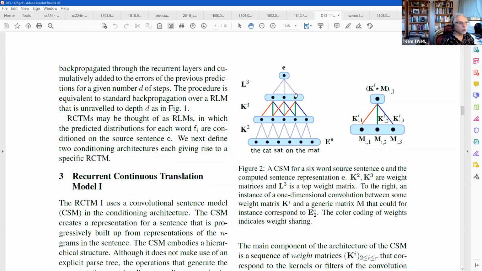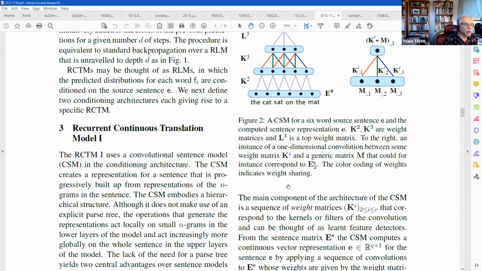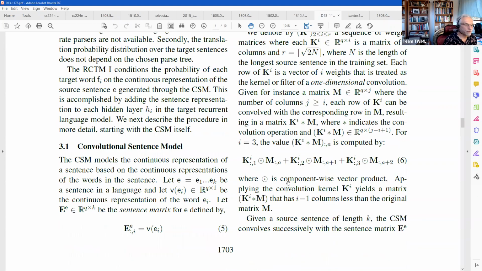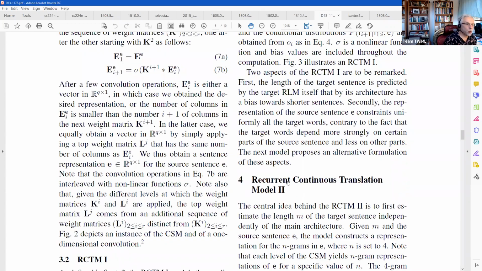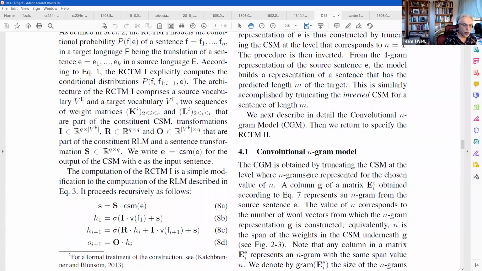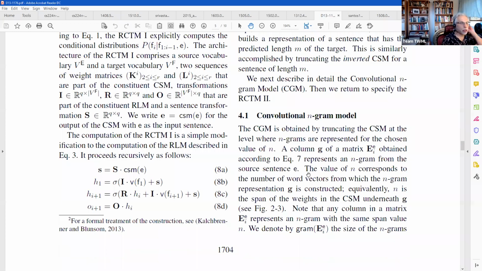So I think there's convolution layers on top of that. The thing to take away from this paper is that it's a translation model where the encoder is a CNN and the decoder is an RNN.